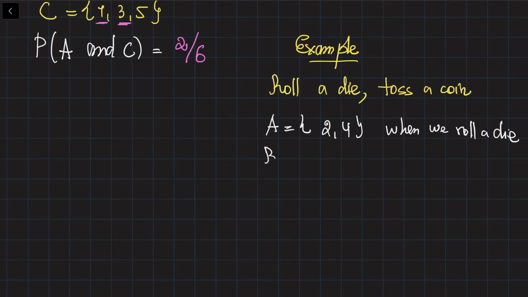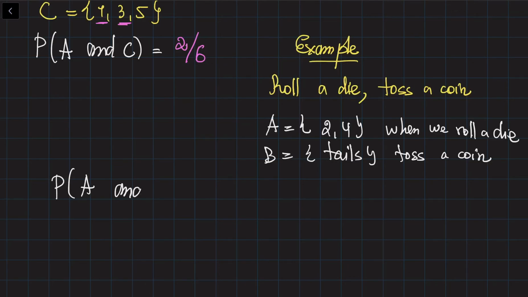And B is going to be the event when we get tails when we toss a coin. So what I would like to find is the probability of A and B. So obviously it is going to be the second case, right? When I roll the die, I need to get either 3 or 4, and I have to get tails when I toss the coin.